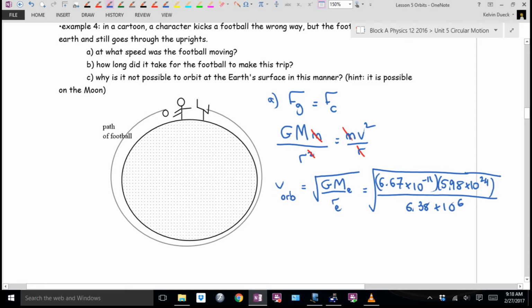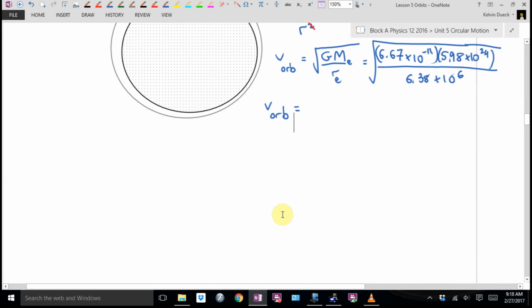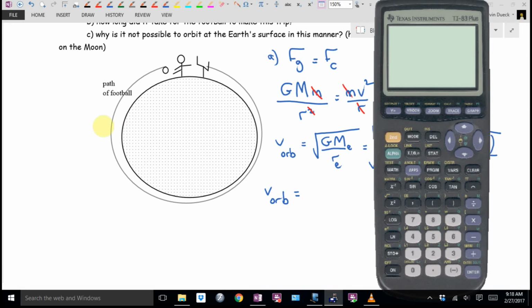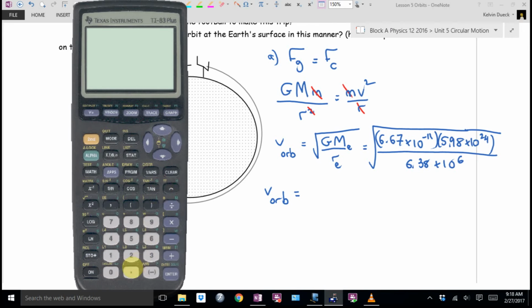If you wanted to orbit right on the Earth's surface, how fast do you need to go? Just shy of 8,000 meters per second, I seem to recall.